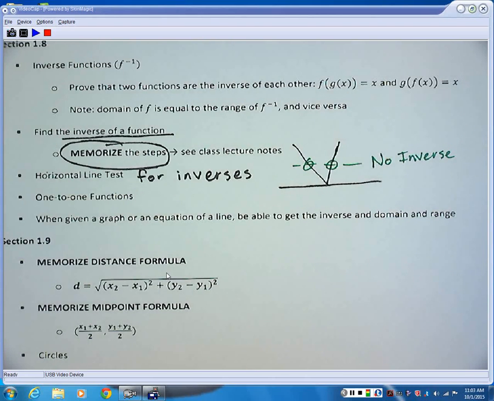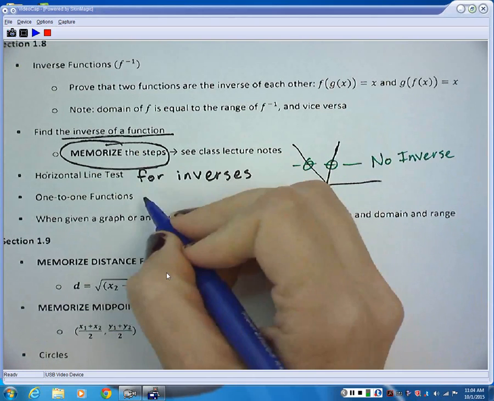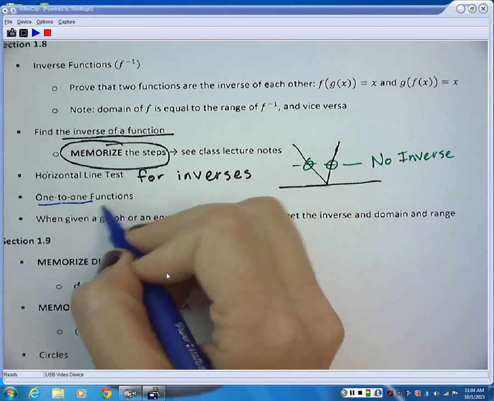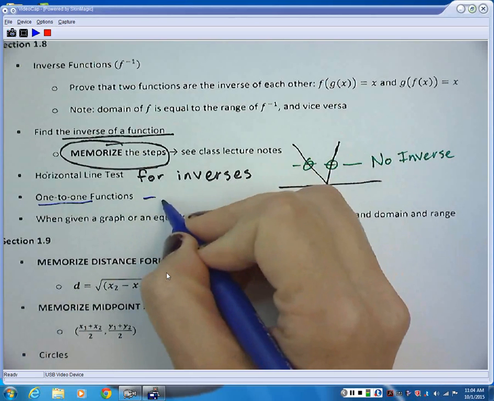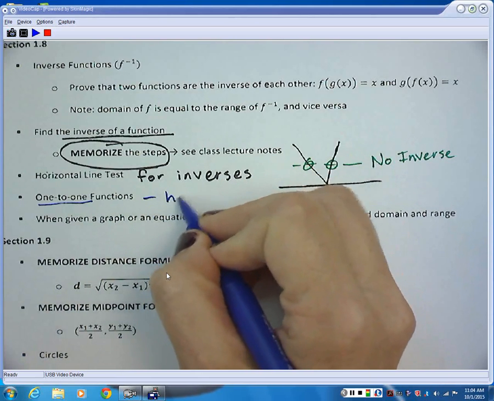If a function has an inverse, it's 1-to-1. Know what 1-to-1 functions are? Those are functions that have inverses.